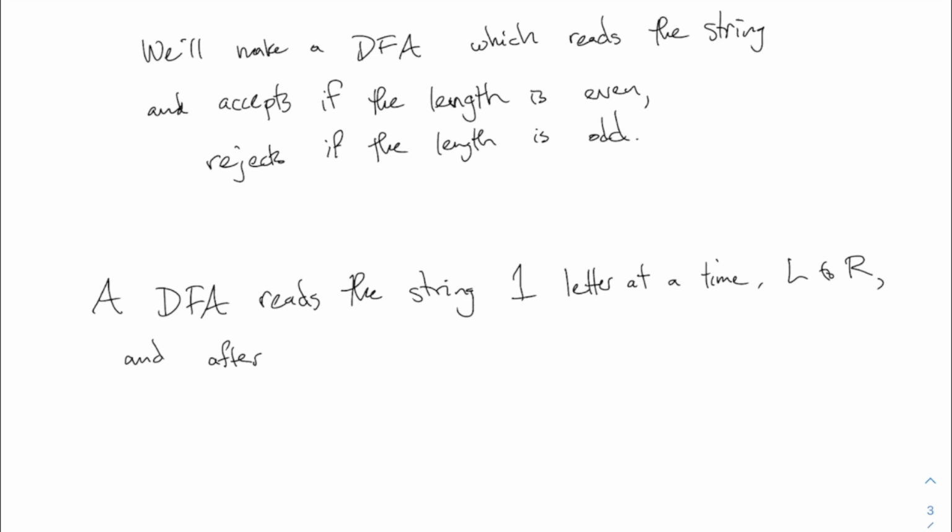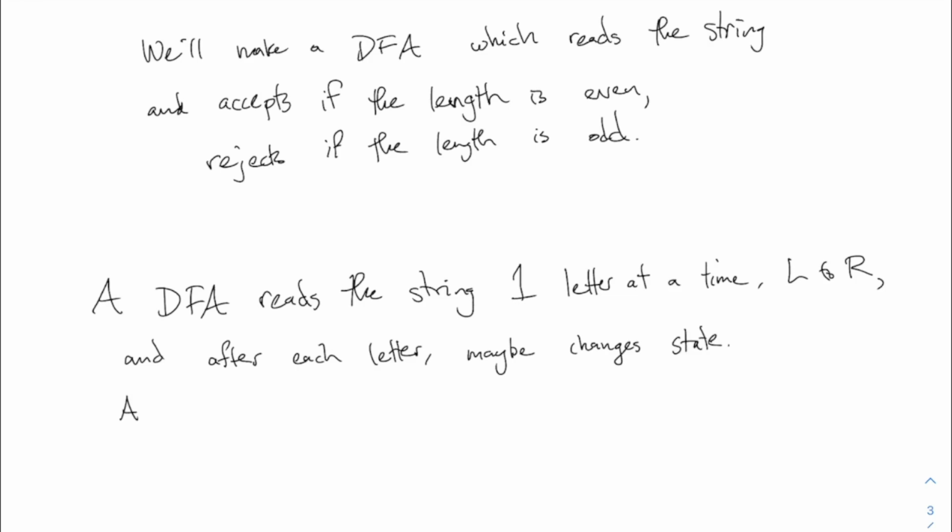So the DFA reads the string one letter at a time, left to right, and after each letter maybe changes state. It doesn't have to. In general, a DFA can decide to change state depending on what the letter was, and maybe it'll stay in the same state. So after each letter, maybe changes state.